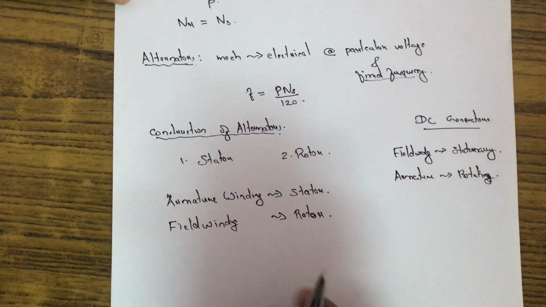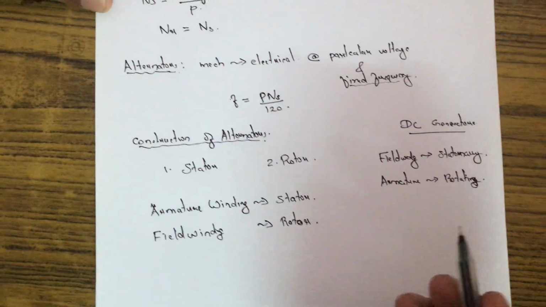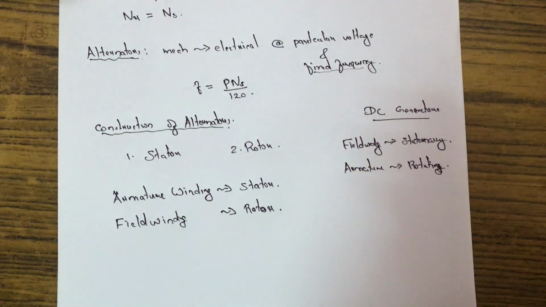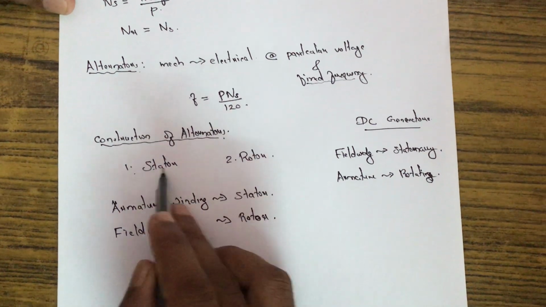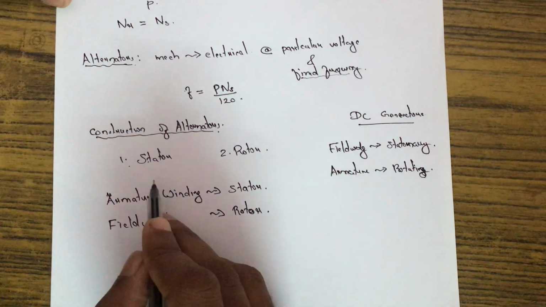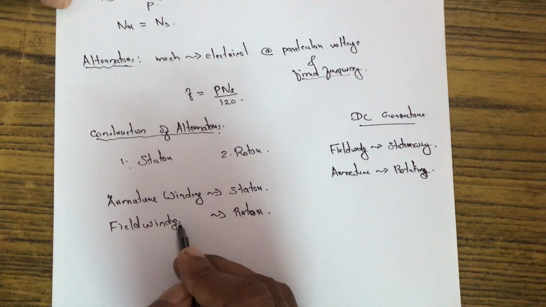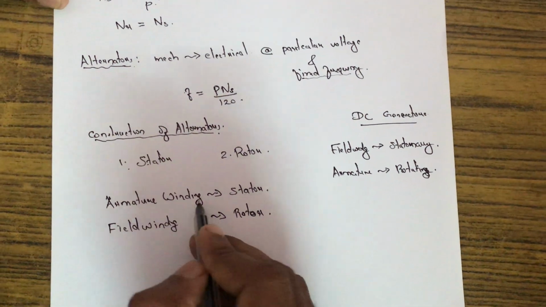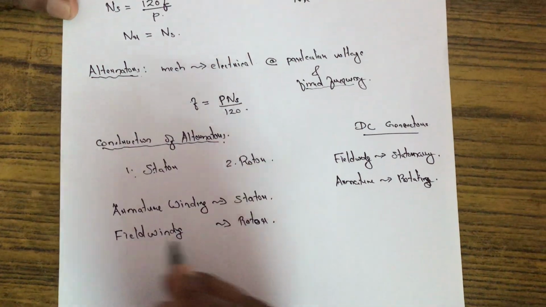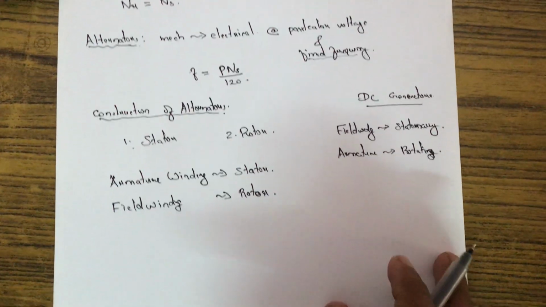So this is the construction detail. As any other rotating electrical machine, alternators have a stationary part, a stator, and a rotor.